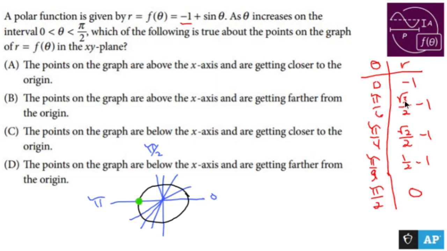What's important is as my theta gets higher, this number gets smaller. So root 3 over 2 is 1 point something over 2 minus 1, which gives me a dot kind of close to the x-axis, but going in the opposite direction.